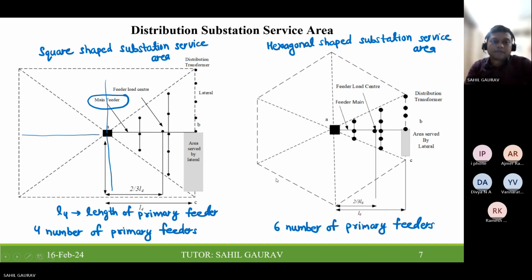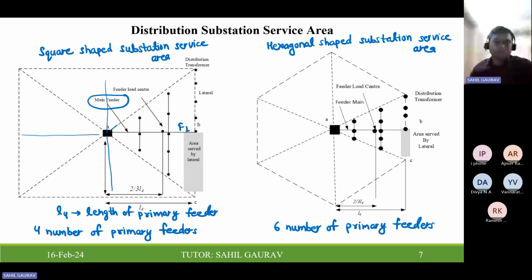Now we have one term also, which we denote as area served by one of the feeders. Means like there are 4 feeders and this you denote as A1. This denotes feeder 1, means primary feeder number 1.